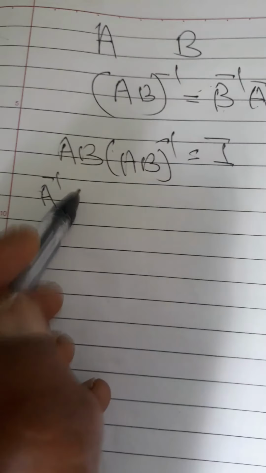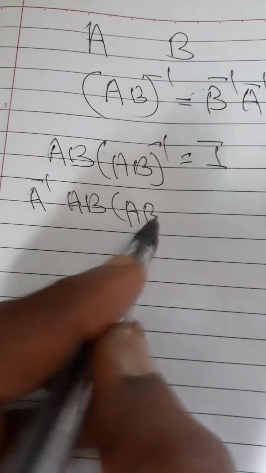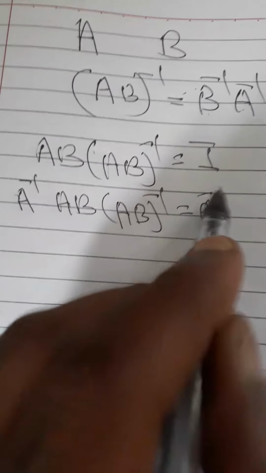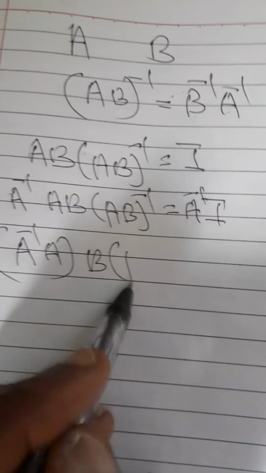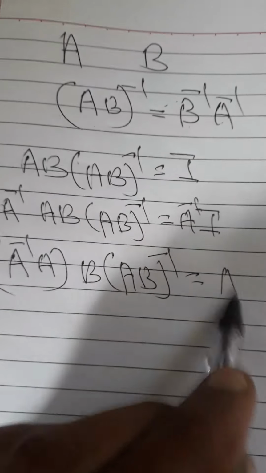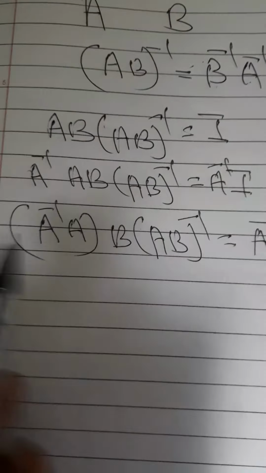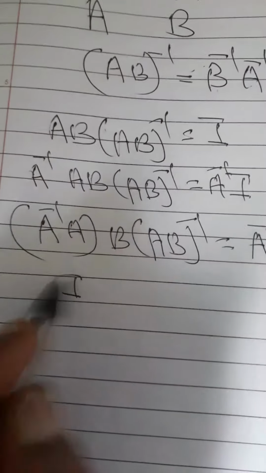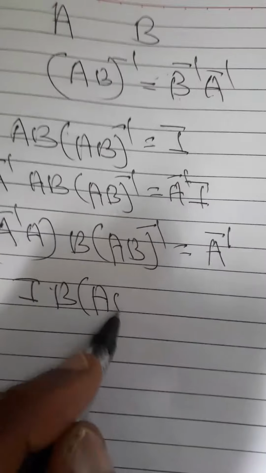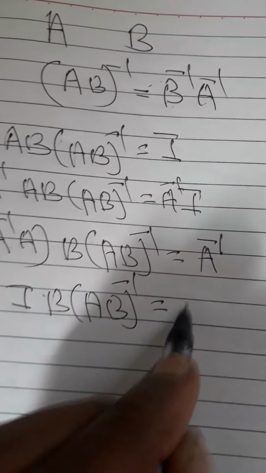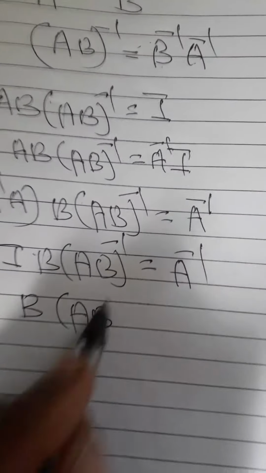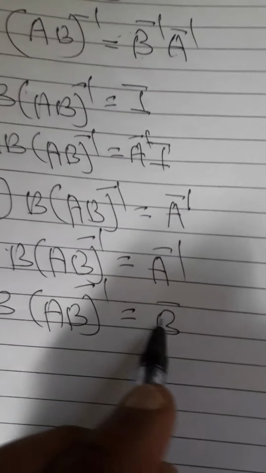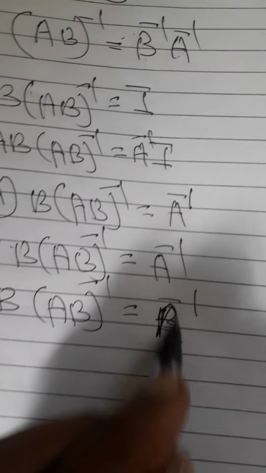So A inverse into AB into (AB) inverse is equal to A inverse into I. Then A inverse into A is I, into B into (AB) inverse is equal to A inverse. So this will be B into (AB) inverse is equal to A inverse.